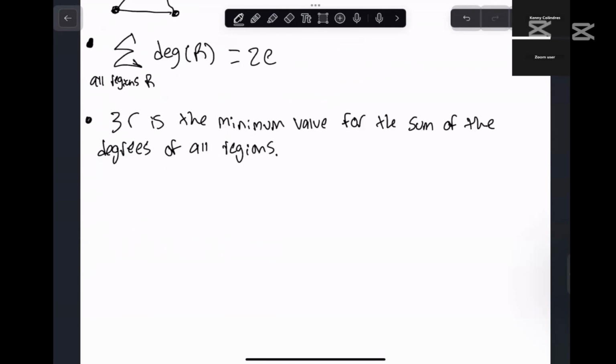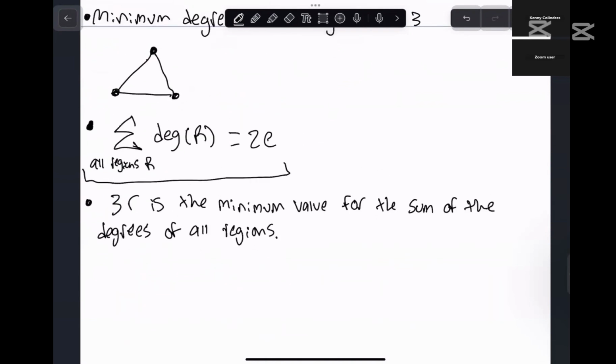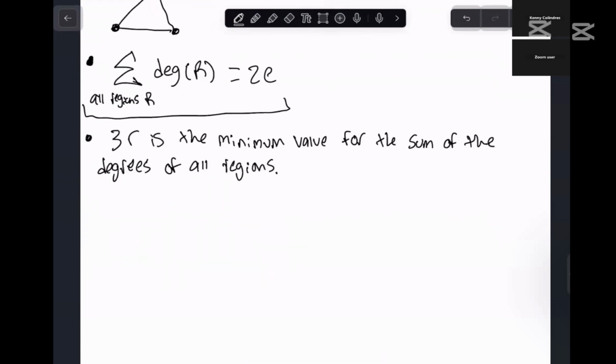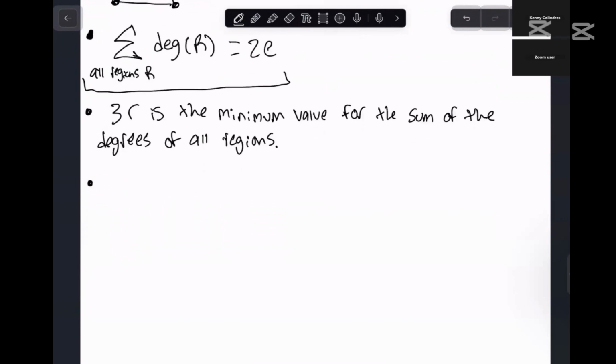Okay, and since we know from the previous summation formula that the sum of the degrees of all the regions is equal to 2E, and 3R is the minimum value for the sum of the degrees of all the regions, we arrive at the fact that 2E is greater than or equal to 3R.